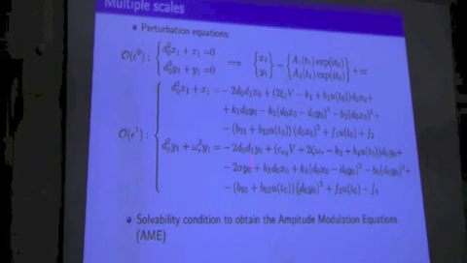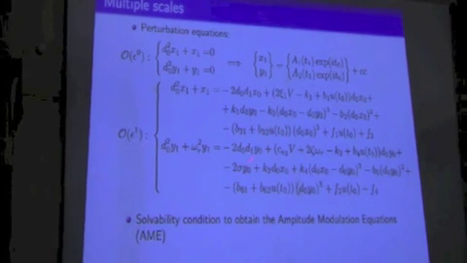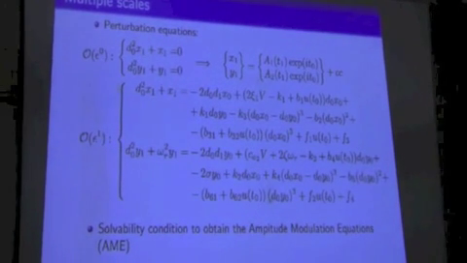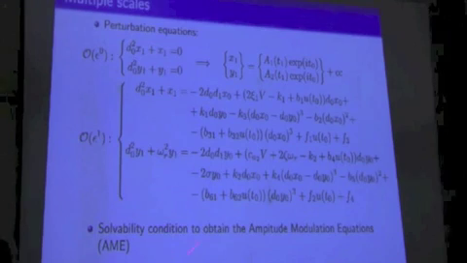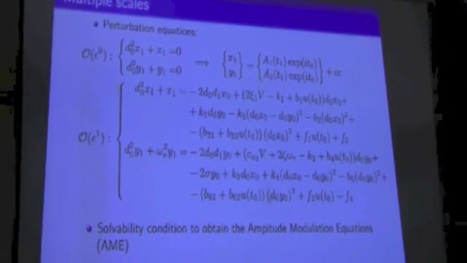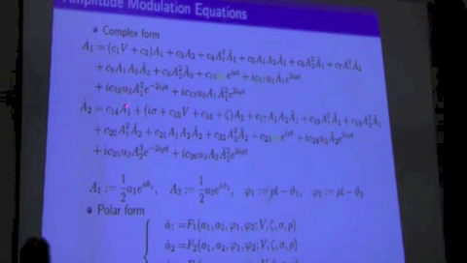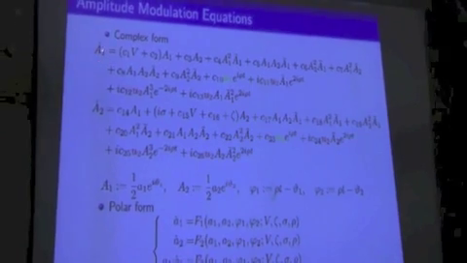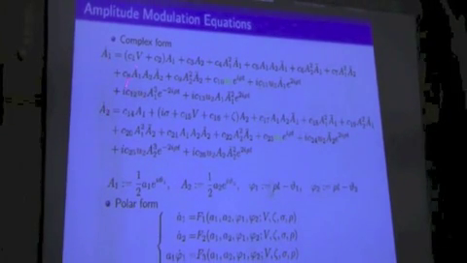And so here we can apply the solvability condition. It means that we neglect the secular producing terms in order to obtain the amplitude modulation equations here, which are differential equations in the complex variables A1 and A2.